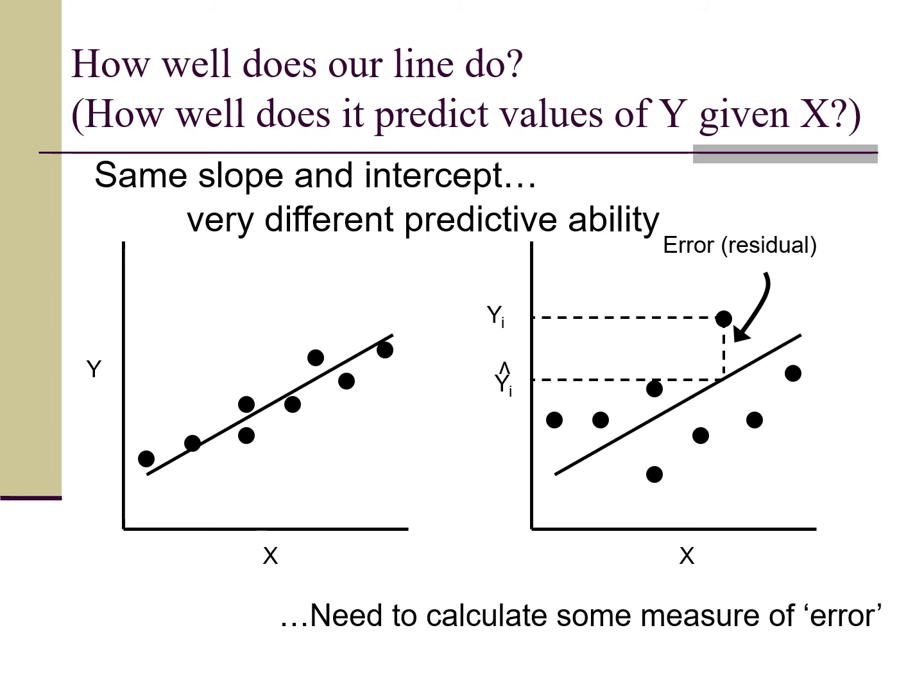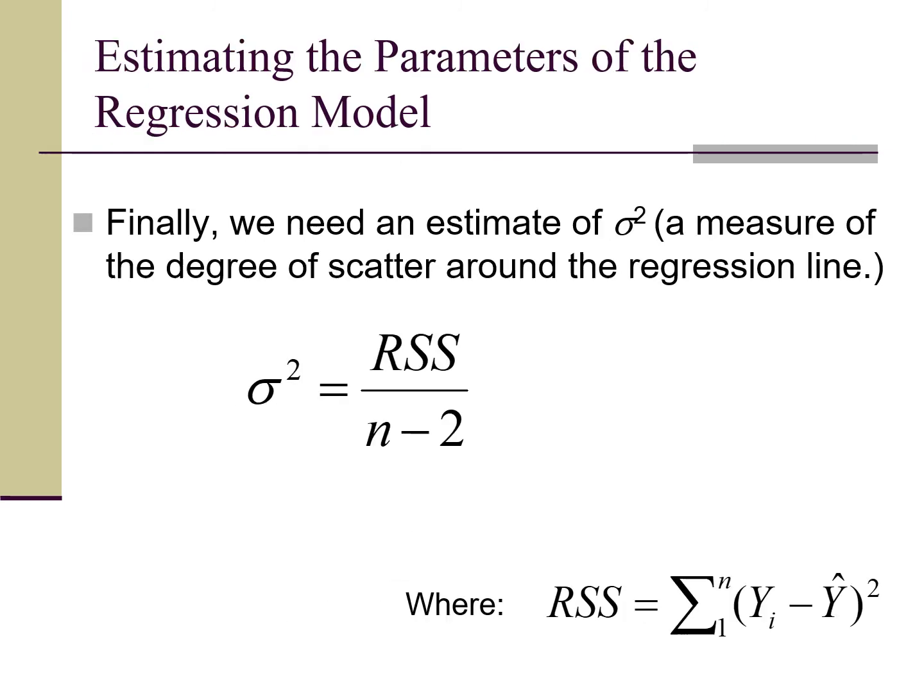Well, we're going to look at the residuals between the prediction, the line, and the observations. And what we're going to calculate is the residual sum of squares. So we're going to calculate the residual value for each observation.